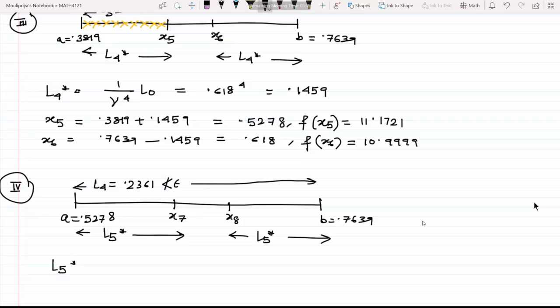What is L5 star? L5 star is 1 by gamma to the power of 5 L0. What is this? 0.618 to the power of 5.